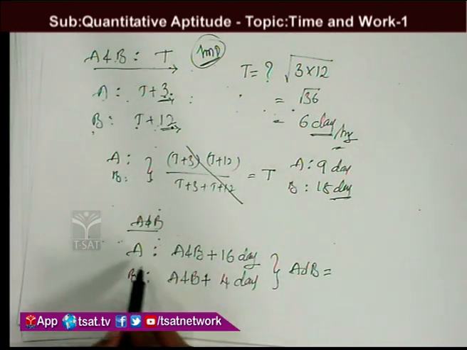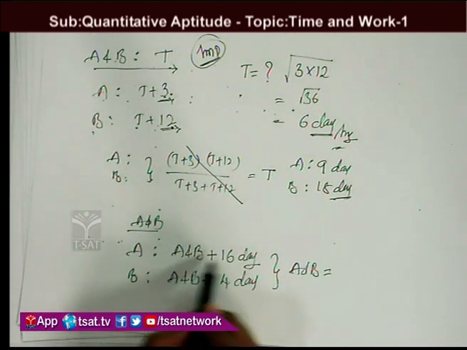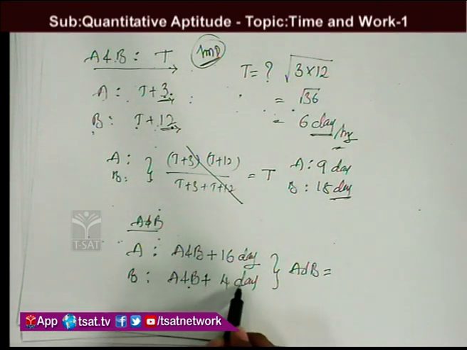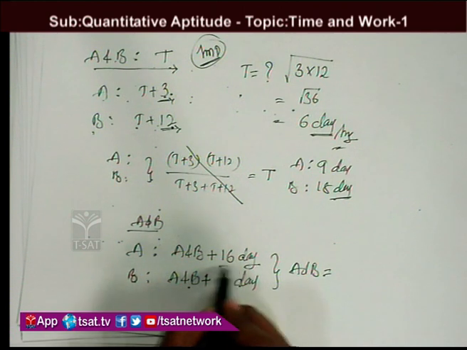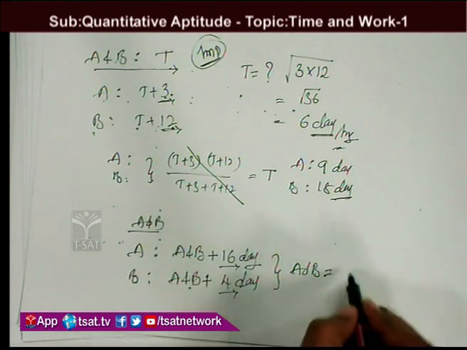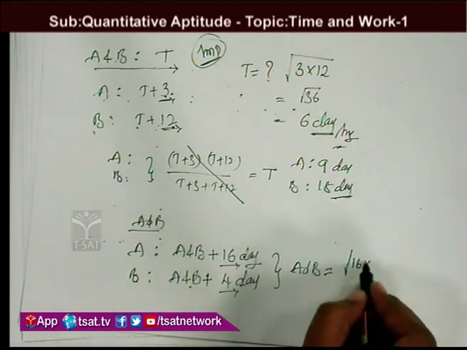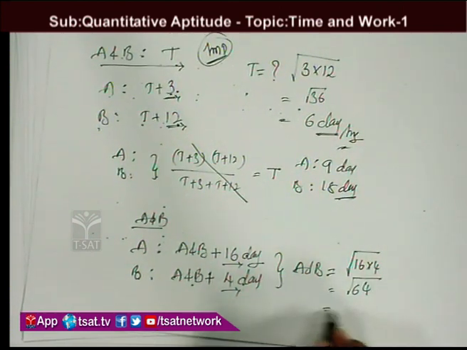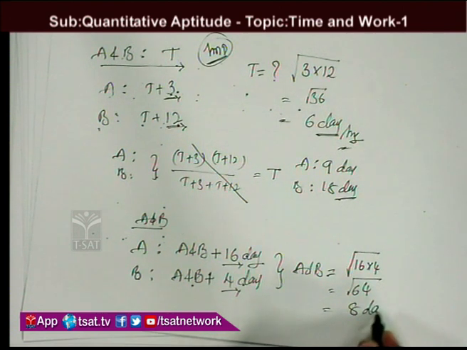In this question, A takes 16 days more and B takes 4 days more than A and B together, so it is the root of 16 into 4, that is root of 64, which is 8 days for A and B together.